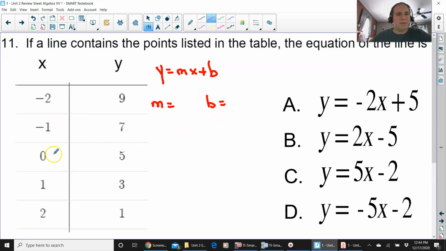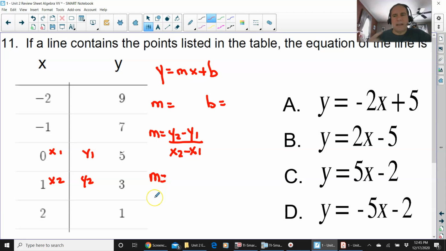So for the slope, I'm just going to pick two points, x1, y1, and I'm going to avoid these two points because they have negatives, and this is x2, y2. So I am going to figure out the slope, because the slope is pretty straightforward for me. x2 minus x1, and we can maybe get the answer just by figuring out the slope.